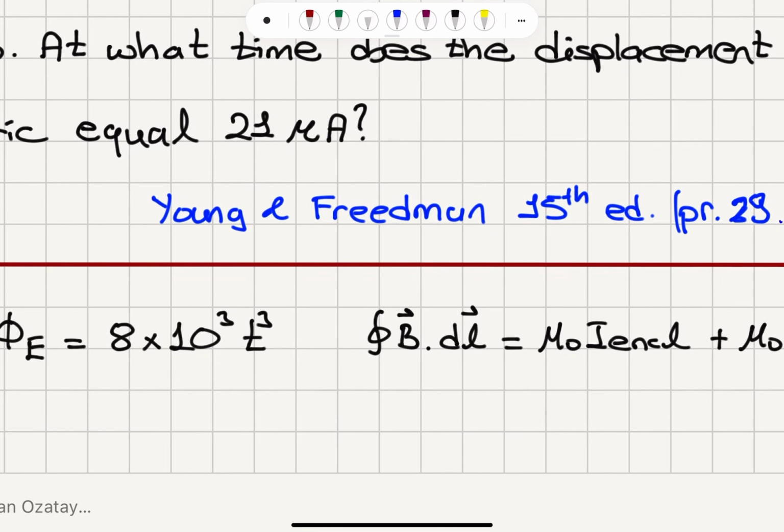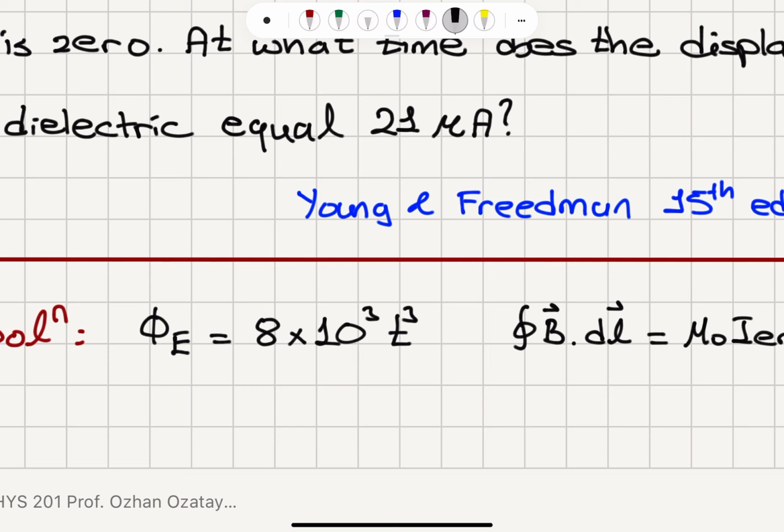Now if I look at the displacement current at a certain time, the permittivity is given to be 3.5 times 10^-11 farads per meter. Now I have to take the derivative of the flux with respect to time.